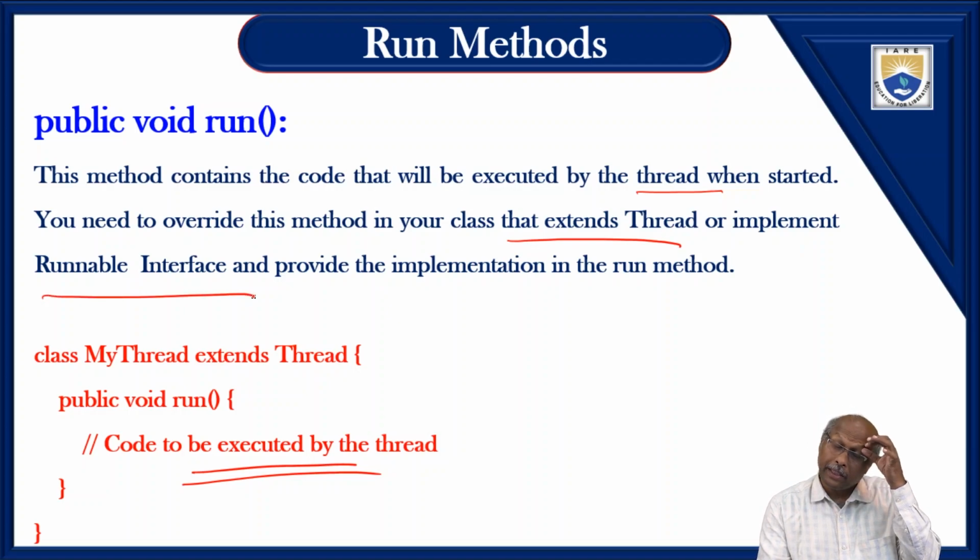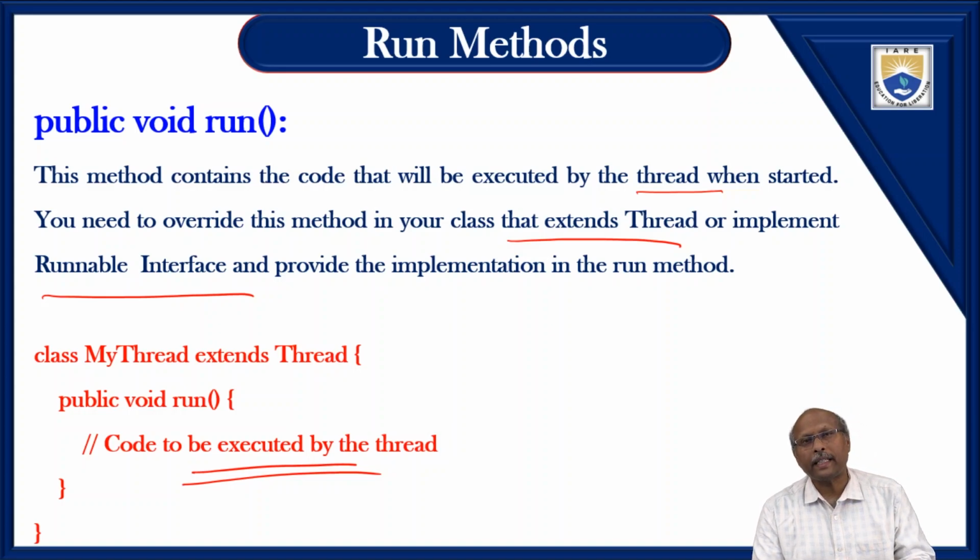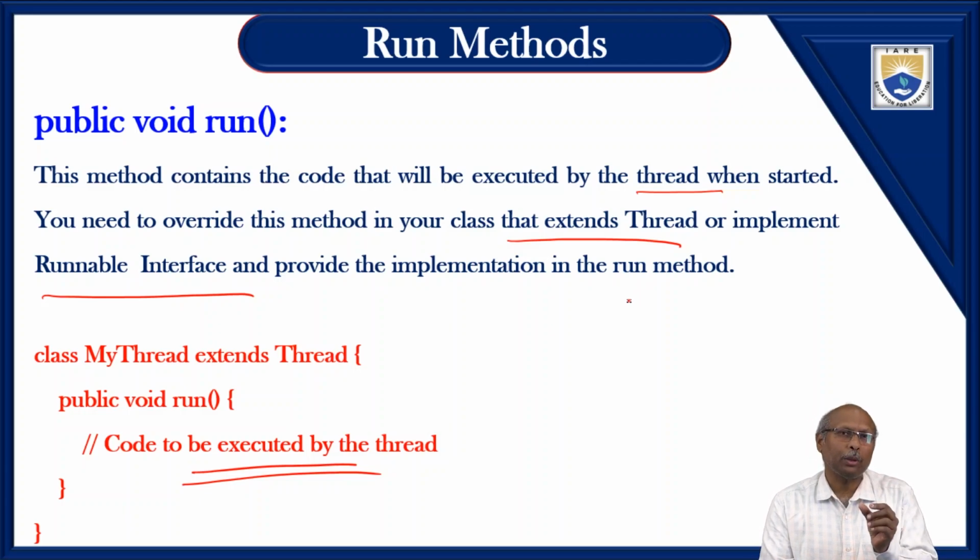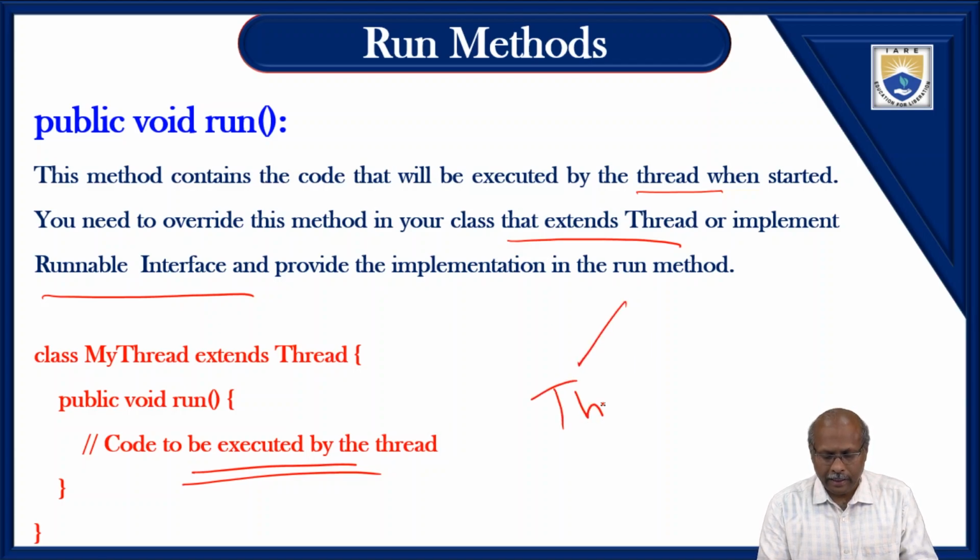I think I told you in the previous session, a thread can be created in two ways: by implementing the Runnable interface or by extending the Thread class. So to make a class a thread, there are two ways: either by extending the Thread class or by implementing the Runnable interface.